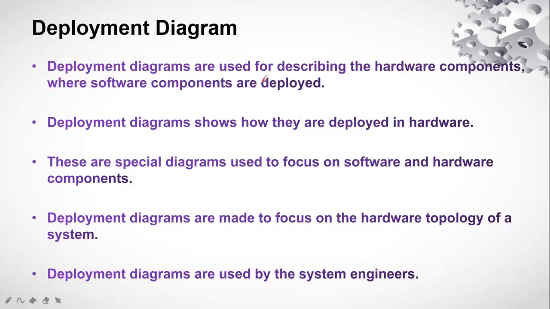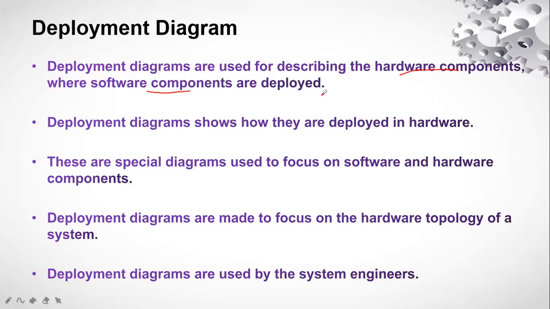First thing, deployment diagrams are used for describing the hardware components and the software components where the software components are deployed. That means whatever software you have designed or developed, you are going to install or define those software components at the place of the hardware components.